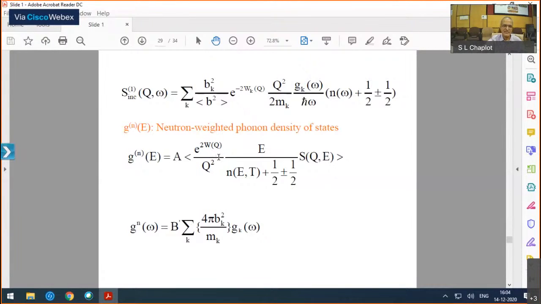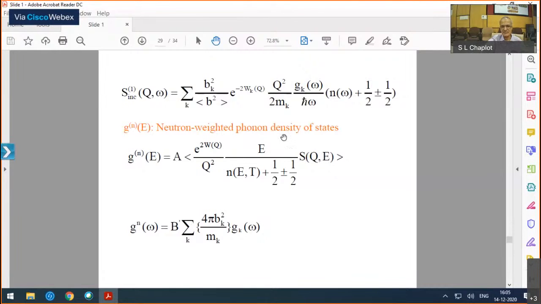But experimentally, when converting this data into this, you can't take it out of the sum. So most of the time, people just assume an average value and use such an expression to give you a neutron weighted density of states.